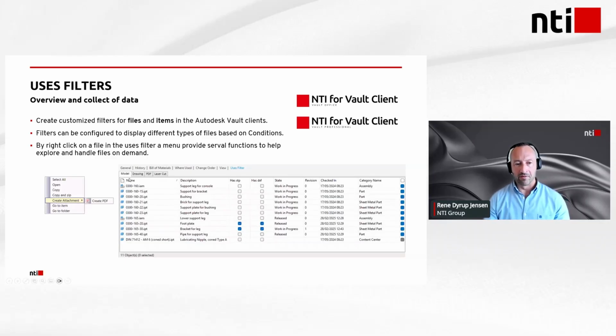In this example, you can see I have one called model, where all my models for a specific item or assembly are shown. And I have these columns called has step and has DXF, which show if those specific files have a step or DXF file associated.